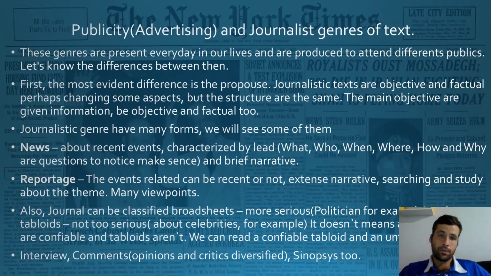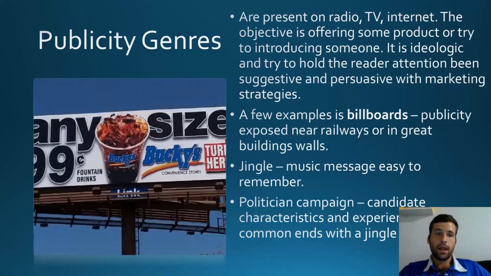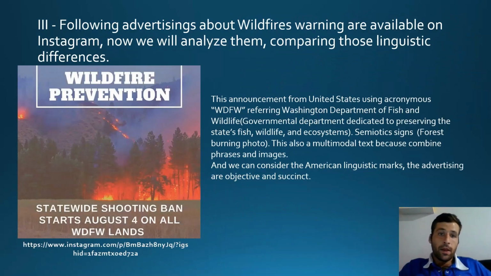We have interviews and comments in journalistic texts. Now, publicity texts are present on radio, TV, and the internet. The objective is offering some product or trying to introduce someone. A few examples are billboards, publicity exposed near highways or on great building walls. We have jingles and political campaigns.